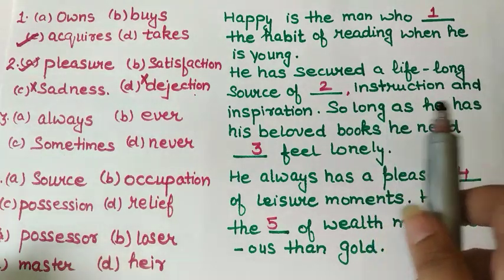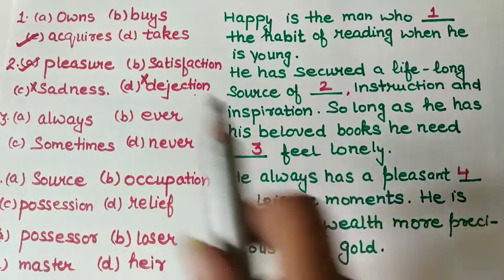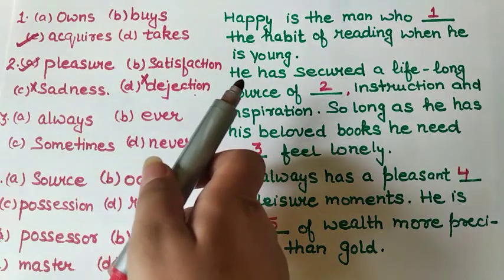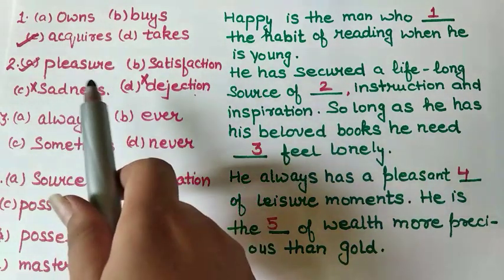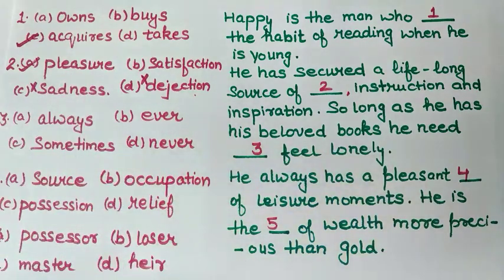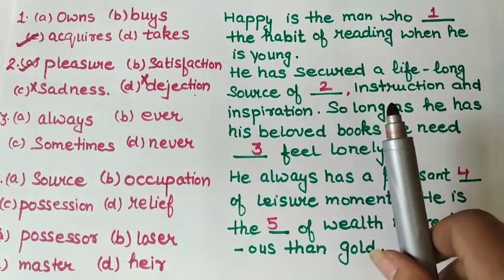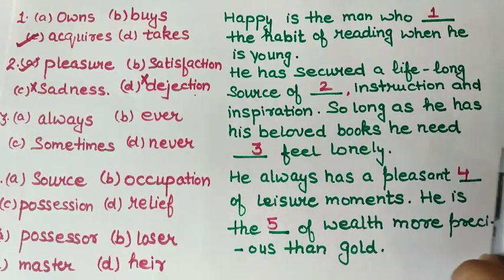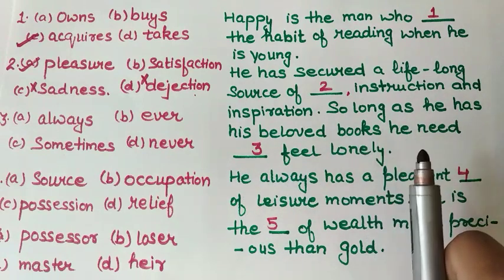He has secured a lifelong source of pleasure. I think satisfaction can also be the right answer, but the most appropriate here is pleasure. Source of pleasure, instruction and inspiration.